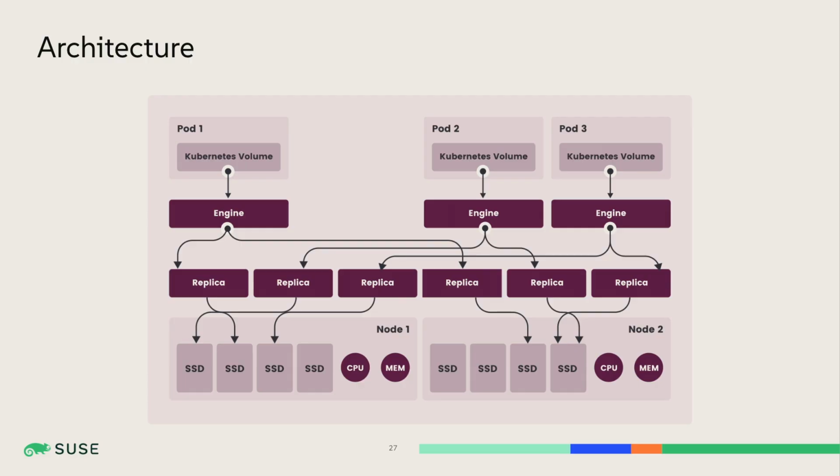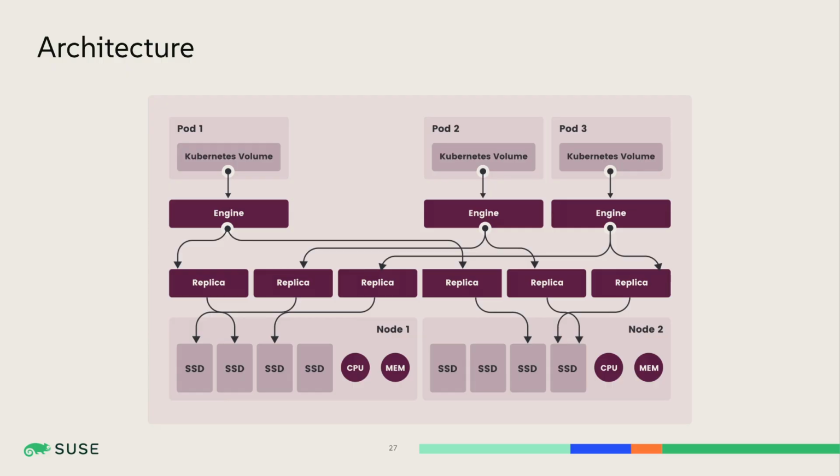Super quickly, I don't want to get into the depths of how it works, but the one thing worth pointing out is it is not based on what you would traditionally think of as hardware RAID technologies. It's based on replicas. For a pod that you attach it to, there's a one-to-one mapping with an engine that sits in a host.